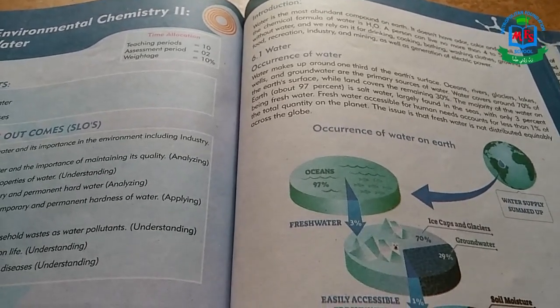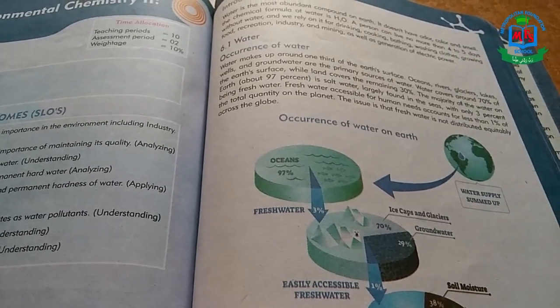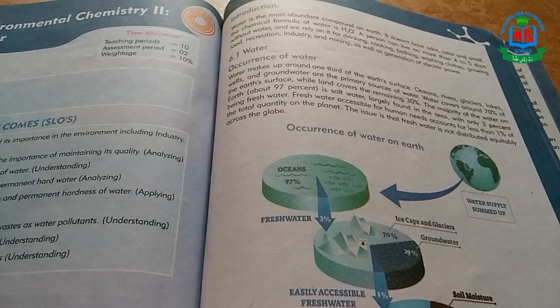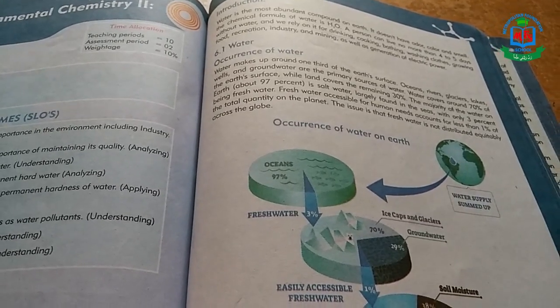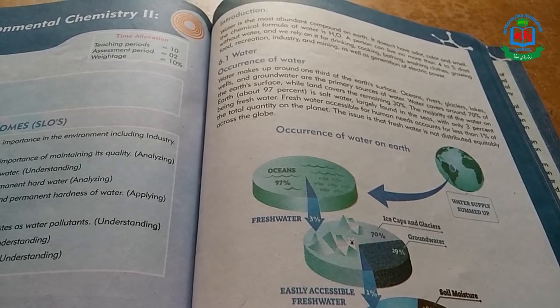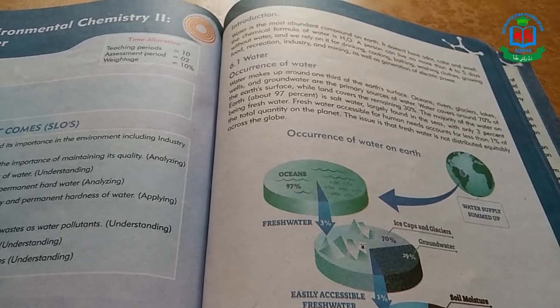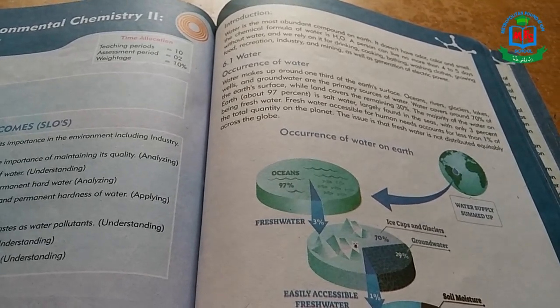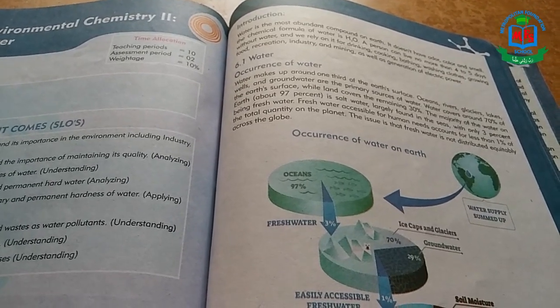As you know students, look at this chart. In this chart, the occurrence of water is shown. Water is found in oceans, rivers, glaciers, lakes, wells, and also in the form of groundwater.